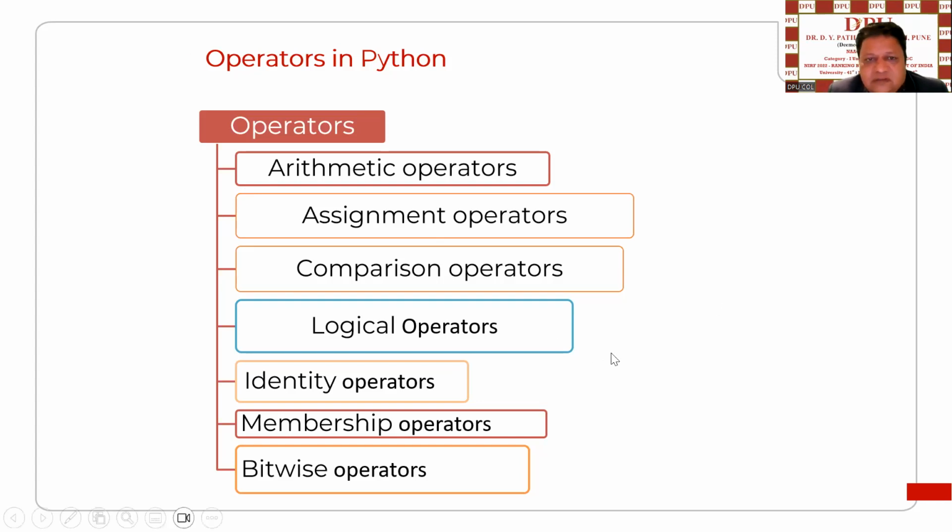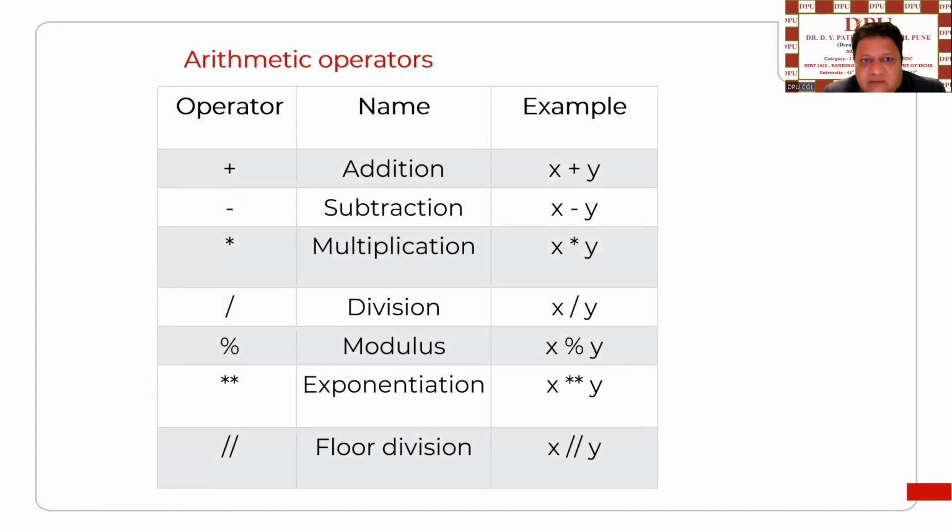So now we will see the operators one by one. For example, if you want to perform arithmetic operations like addition, subtraction, multiplication, division, modulus, exponentiation, and floor division, for addition we have the plus sign.